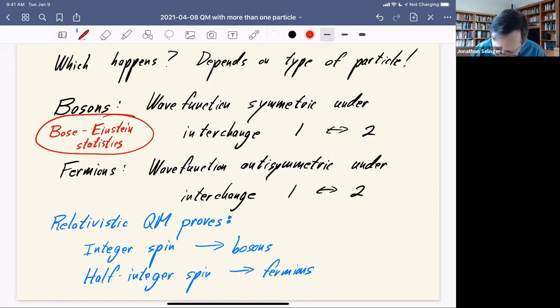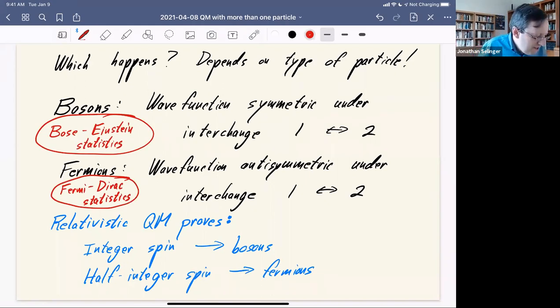And the property of being fermions goes by the name of Fermi-Dirac statistics. Okay. And then this theorem of relativistic quantum mechanics is the connection between spin and statistics.